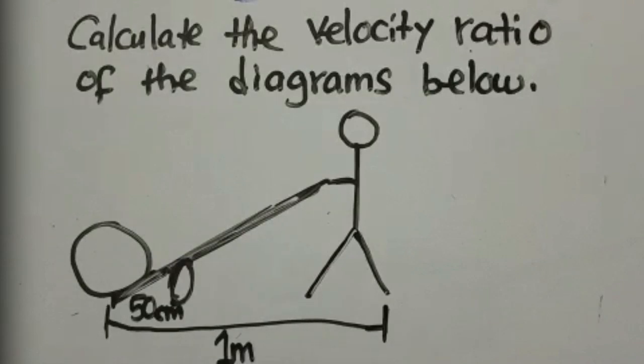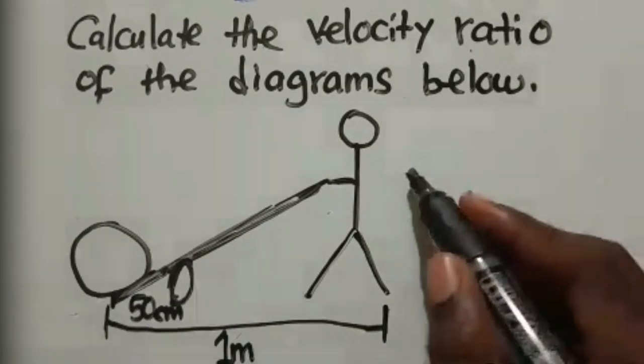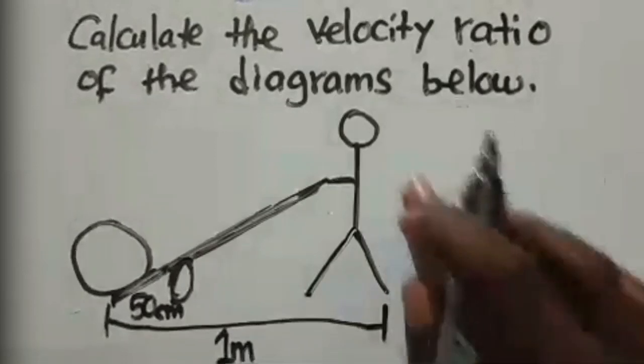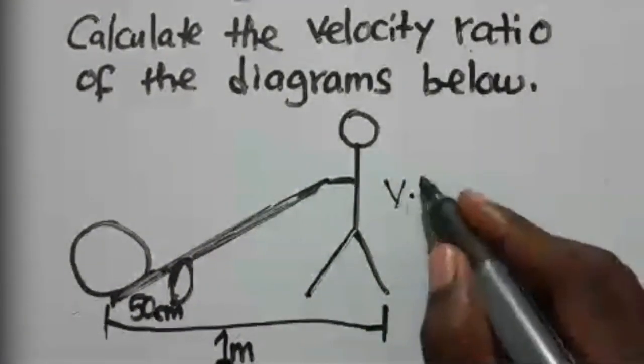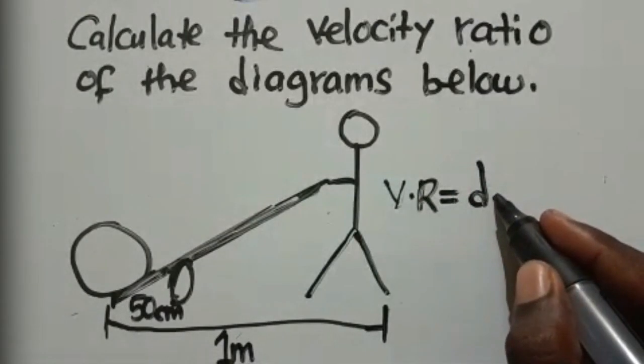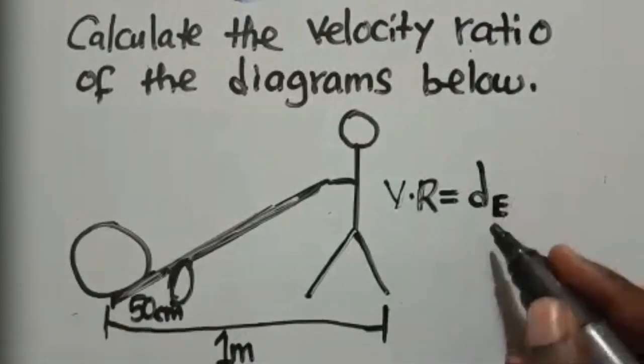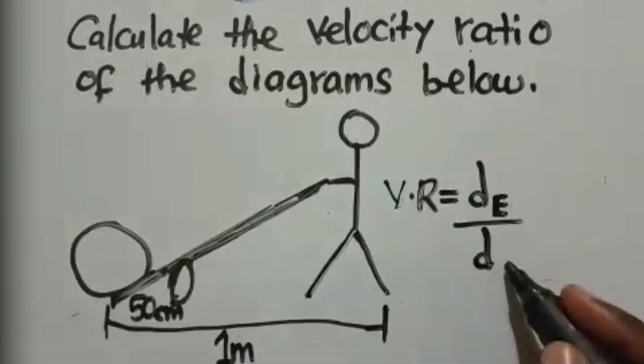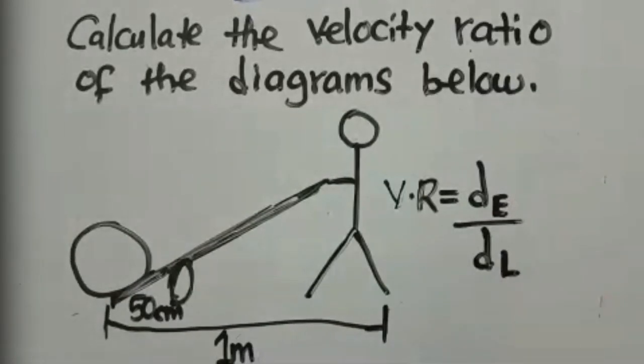The first thing you need to do, write the formula. Velocity ratio is equal to distance moved by effort over distance moved by load. So you ask yourself, what is the distance moved by effort?